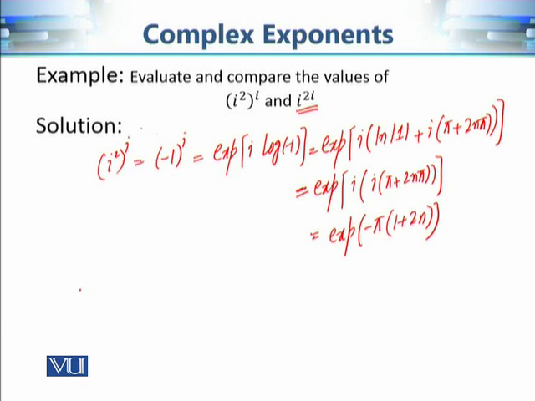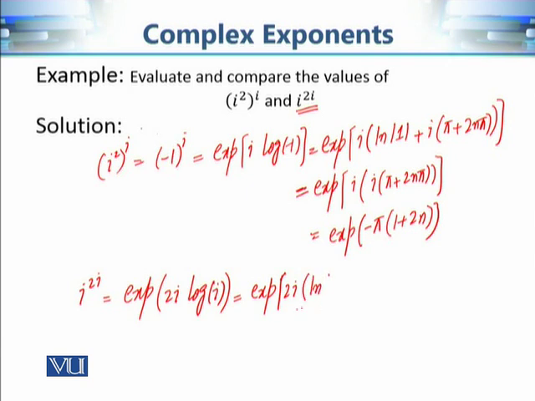Now let's calculate iota raised to power 2 iota. This is equal to exponent of 2 iota and log of iota. We can calculate the log of iota in the following way: natural log of 1, because the modulus is 1, plus iota times the argument, which is pi by 2 plus 2n pi.